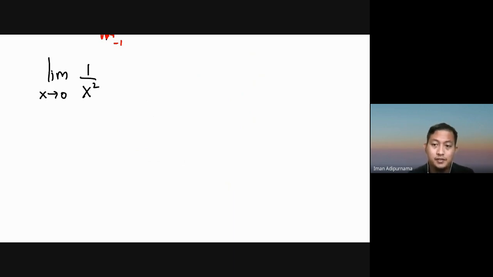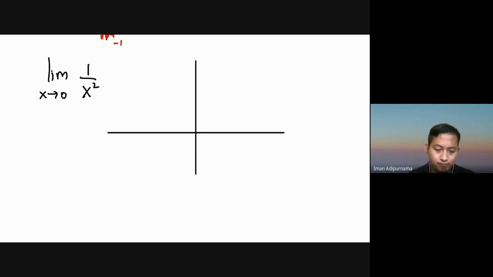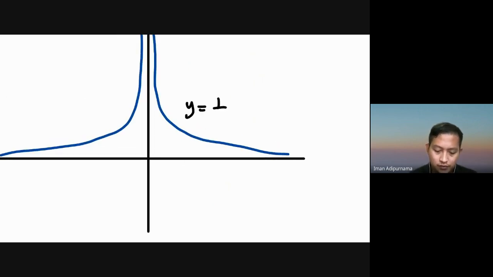Maybe if you're using any graph calculator on your computer, you can use GeoGebra, or another one that I also use sometimes is Desmos, but mostly I'm using GeoGebra. Yeah, more or less, this is the graph. So let's say this is the function.